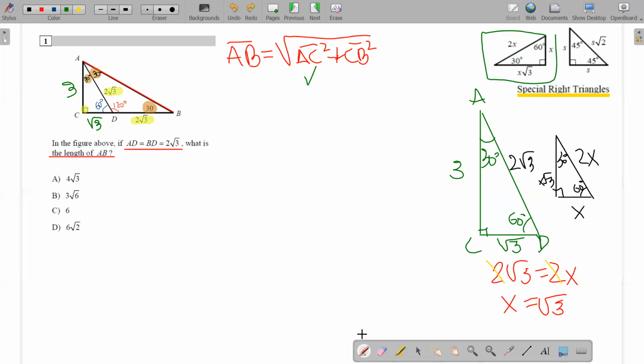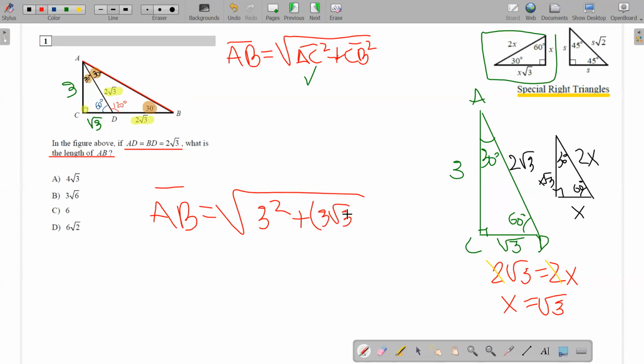So AB will be equal to the square root of AC, which is 3, to the power of 2, plus CB squared, where CB is 2 square root of 3 plus square root of 3, which is 3 square root of 3.